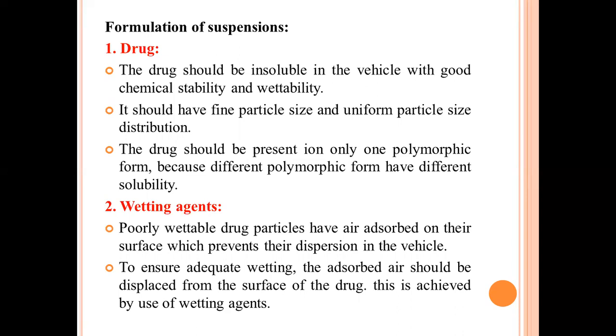It should have fine particle size, 0.5 to 3 micron, and uniform particle size distribution. The drug should be present in only one polymorphic form, because different polymorphic forms have different solubilities. If your drug is present in more than one polymorphic form, they have different solubilities, so your drug should be present in only one polymorphic form.